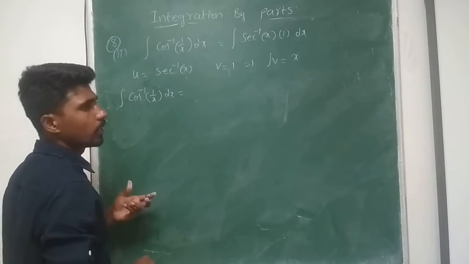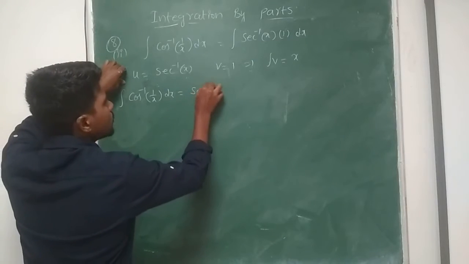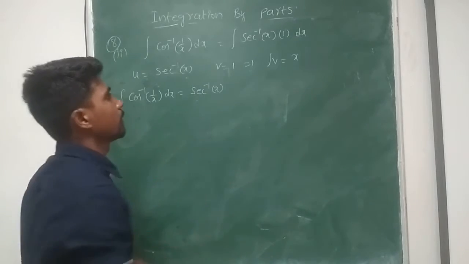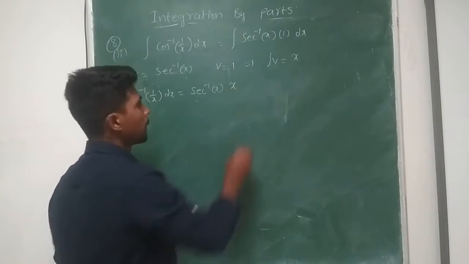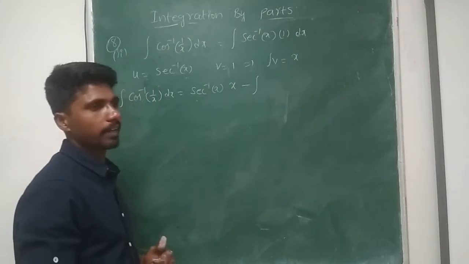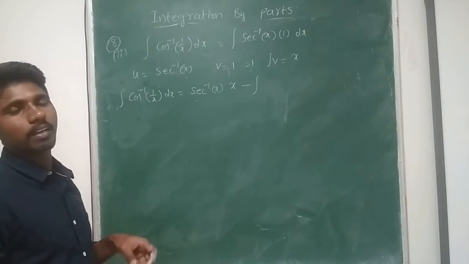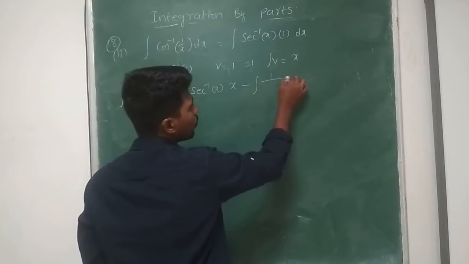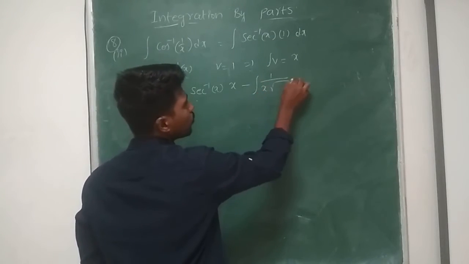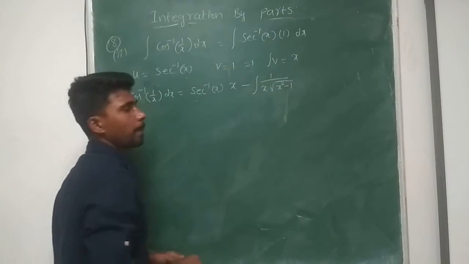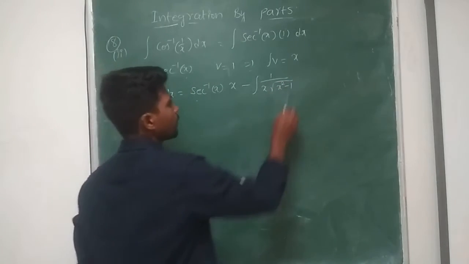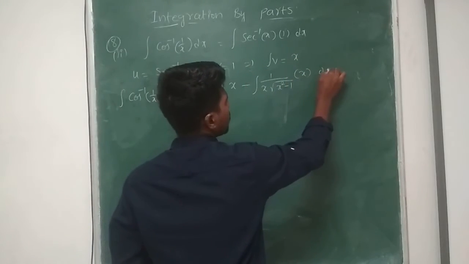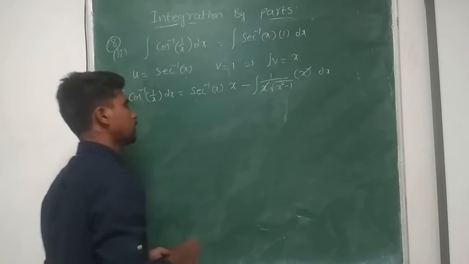So integral u v equals u, which represents secant inverse x, into integral v, which is nothing but x, minus integral du by dx, the derivative of secant inverse x, which is equal to 1 by x into root over x square minus 1, into integral v, which is x dx. x and x get cancelled.